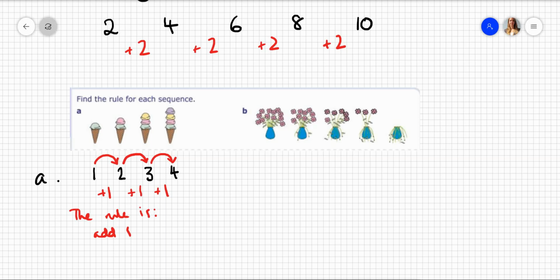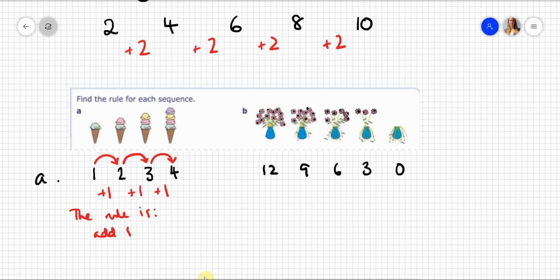What about in the flowers sequence? So we've got 12 flowers in the first vase. Then we've got 9 flowers in the second one, then 6, then 3, and then 0.